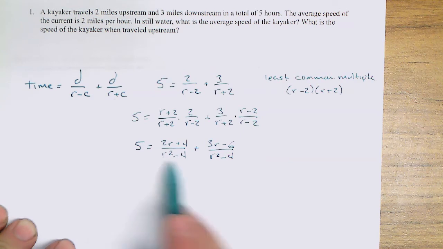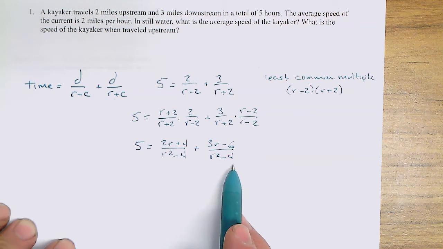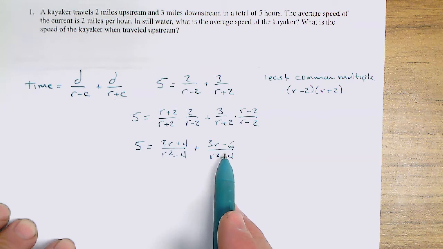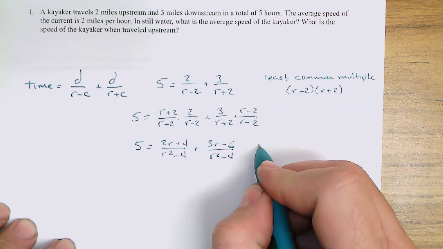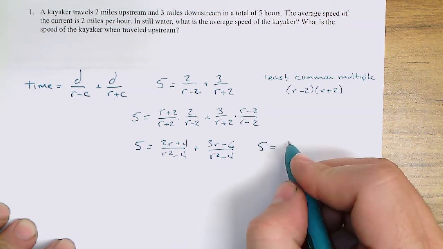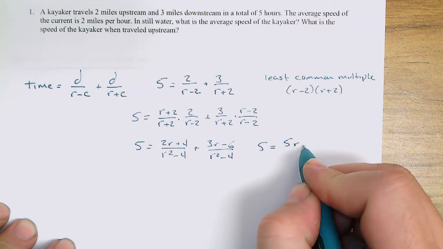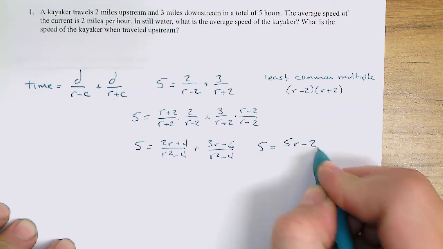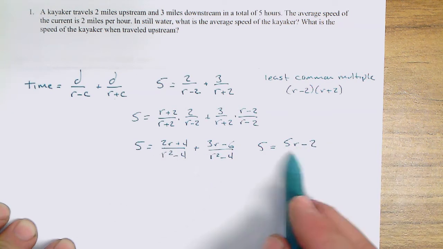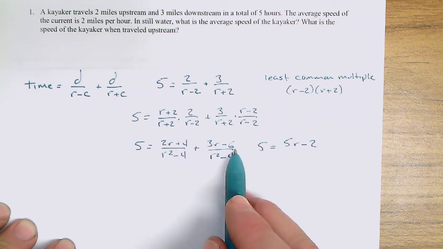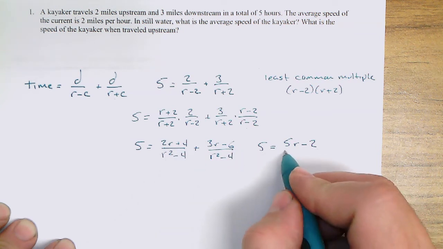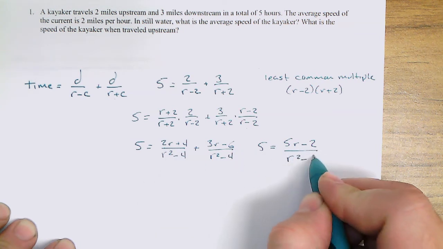Now that we have a common denominator, we can add our numerators together. So we get 5 equals 5r minus 2, so 2r plus 3r is 5r, 4 minus 6 is minus 2, over r squared minus 4.